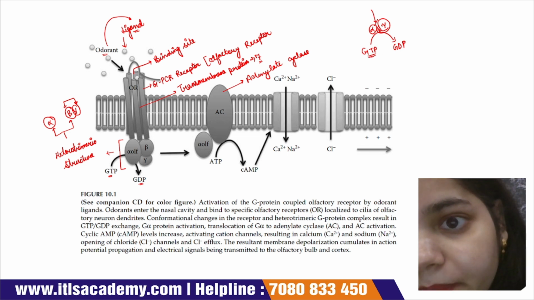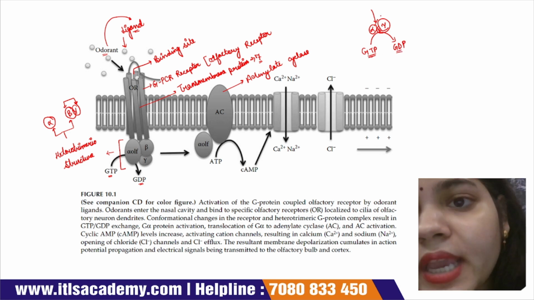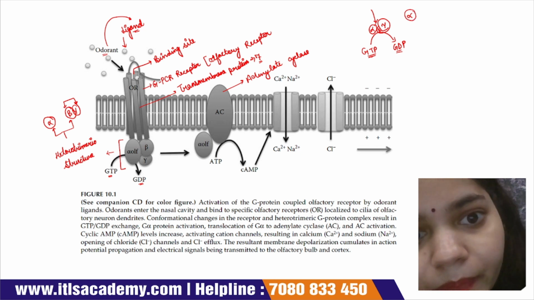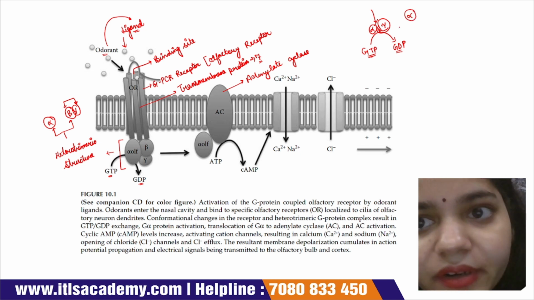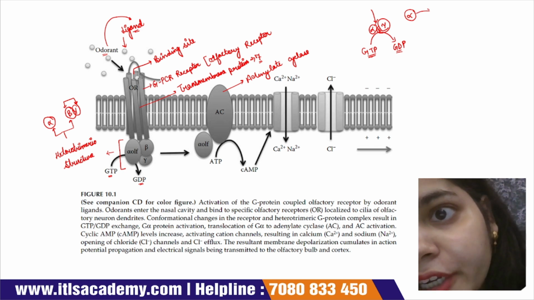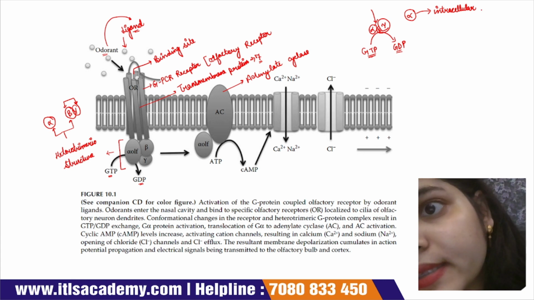Whenever GTP is converted into GDP, the alpha subunit will dissociate. Whenever the alpha subunit is dissociated, it will start the intracellular signaling.